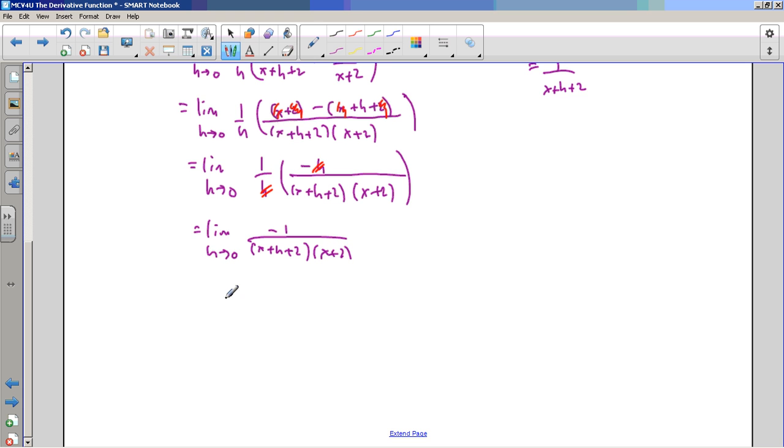And is it okay for h to be 0 now? Yeah, we can evaluate this limit. H is 0. This is actually going to be x plus 2 times x plus 2. So we say, therefore, f prime at x is negative 1 over x plus 2. Oh, that should be squared, right? Squared. That's the derivative function.